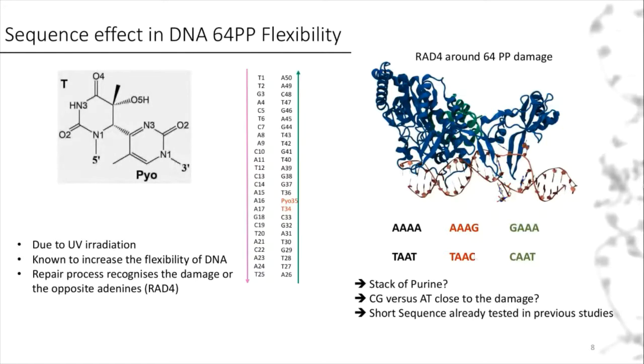And you have different proteins that can repair it. And in humans, it's repaired by the nucleotide excision repair process involving different proteins, such as, for example, this RAD4, where you can recognize the damage and make the adenine facing the damage extrahelical, and then the damage will be also extrahelical and then repaired by another protein.